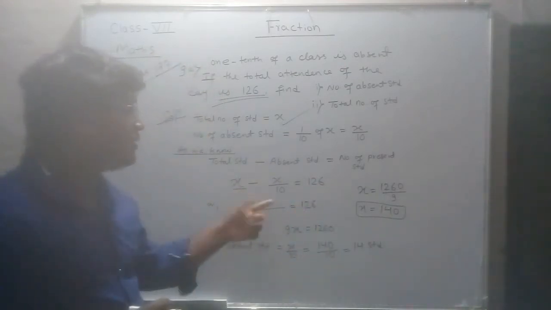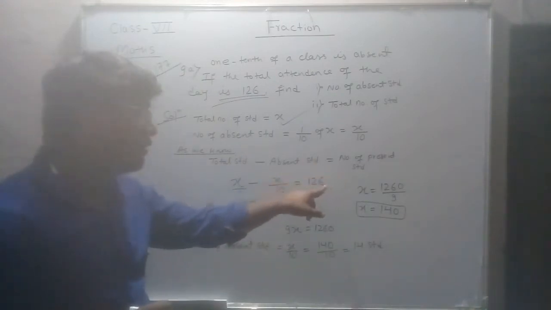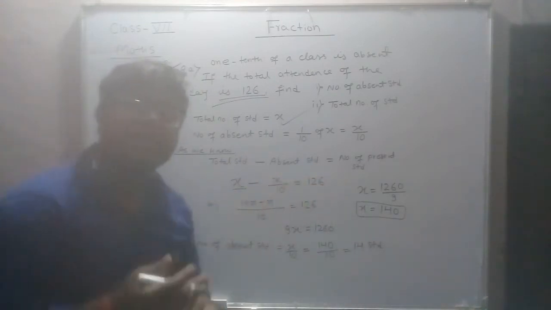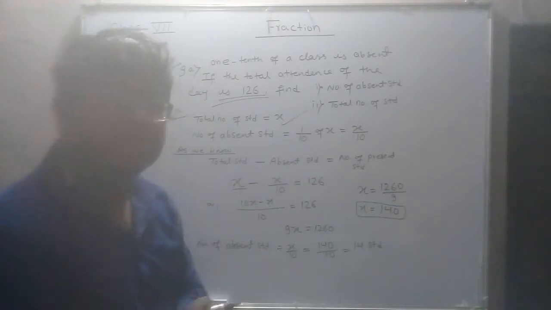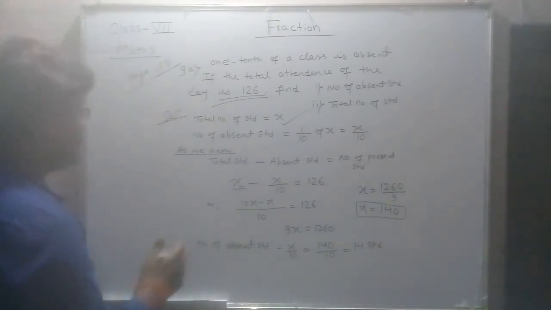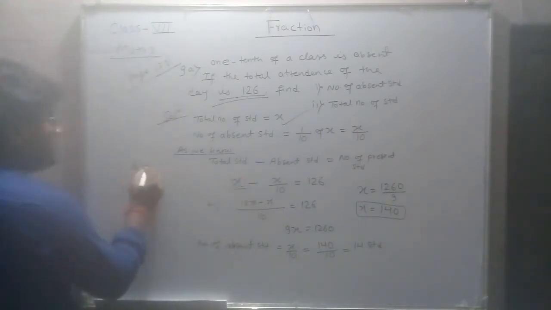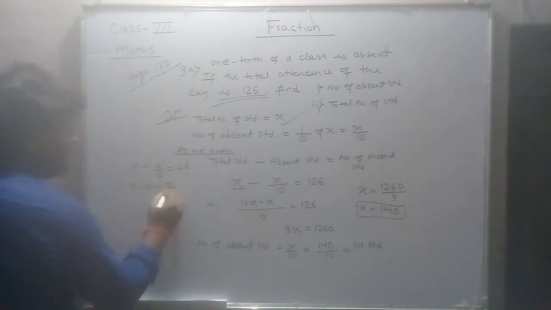Or you can solve it another way: take x upon 10 to the right hand side and 126 to the left hand side, and multiply and divide. If you don't want to solve by LCM, then with 126 on the left hand side and x upon 10 on the right hand side, you transfer 10 here and it will multiply.